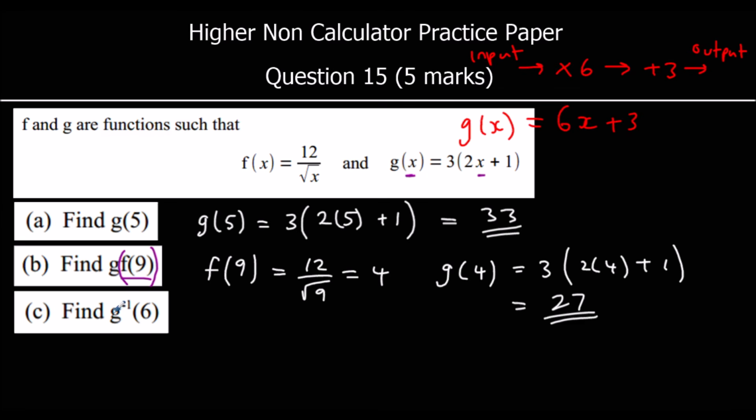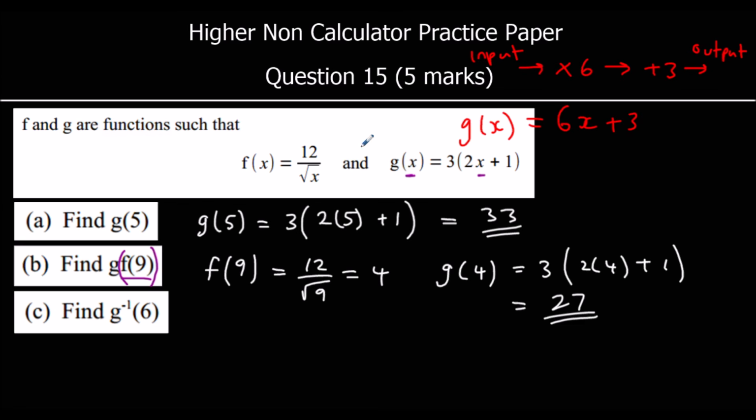So find g for the inverse function. If you put 6 in, that means you start at this side, then you take away 3 and divide by 6, and that will go back. Or alternatively, if we did 6, take away 3 is 3, divided by 6 is a half. So it should be a half.